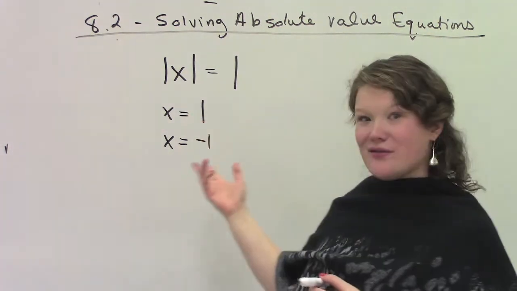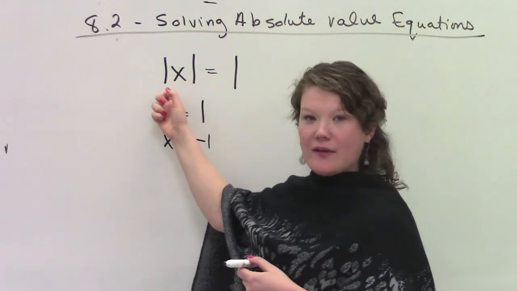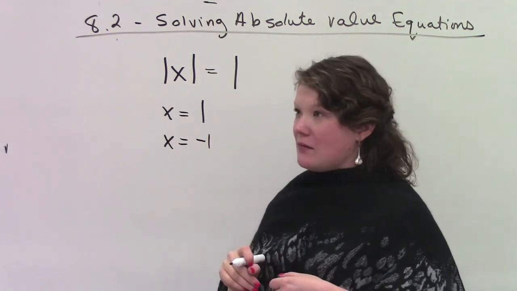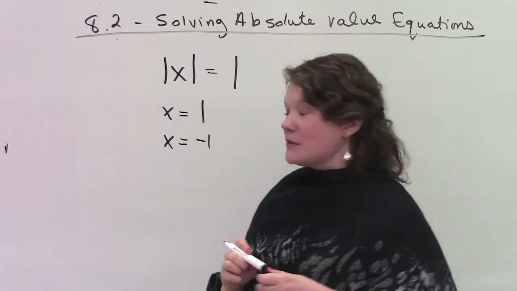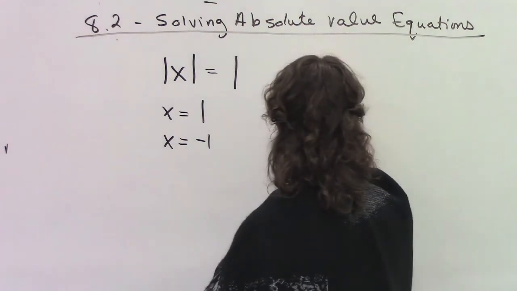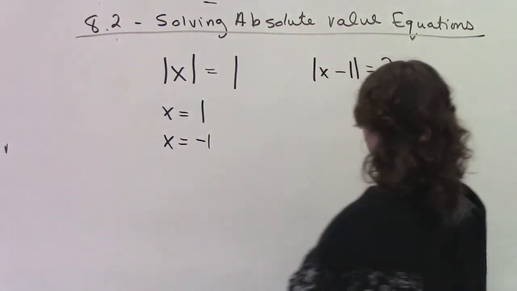This is the crux of what we're doing. If you can understand that there are two different solutions for every absolute value, then we're good. If you understand this, you're off to the races. Say we had something like the absolute value of x minus 1 equals 2.